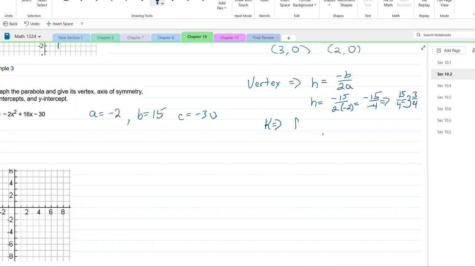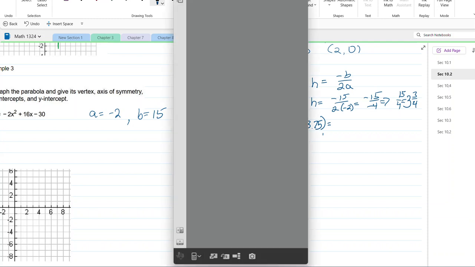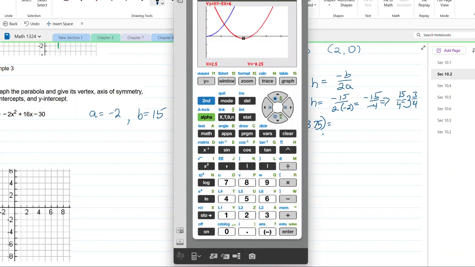Okay. So now we want our K. And our K is F of that 3 and 3/4. And we're going to use our calculator for that. And we're going to use our home screen. So let's do that.